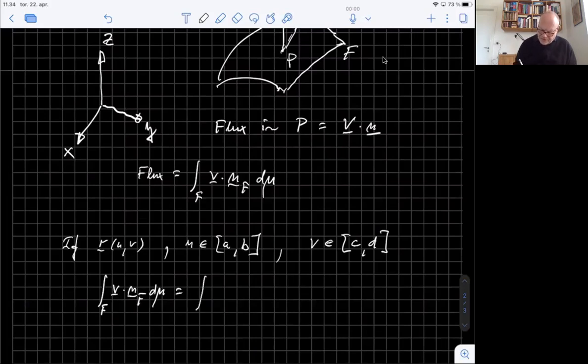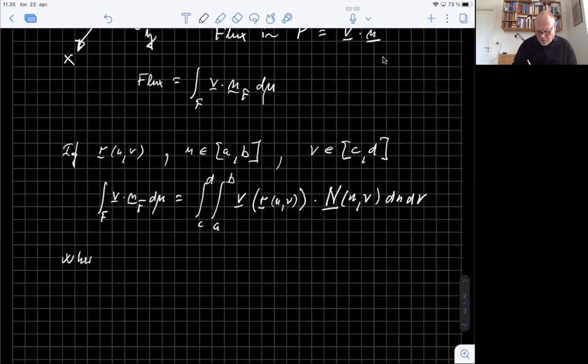So you integrate from C to D and from A to B, and then you take the restriction of your vector field to your parametric representation of the field, and then you take the dot product between this and the normal vector that is generated by the parametric representation.